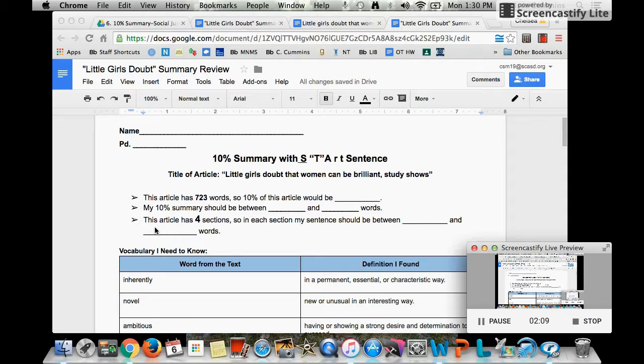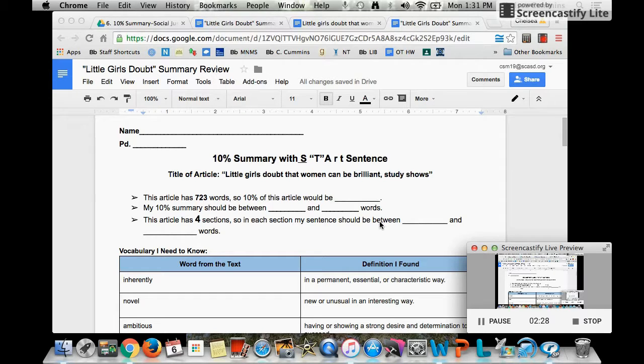Also, the next part says this article has 4 sections. I already broke them into sections, but you would have to chunk it if you just had a perfectly blank article. So in order to find how many words you should be between in each section, or after you write your main ideas, you just divide them by 4.